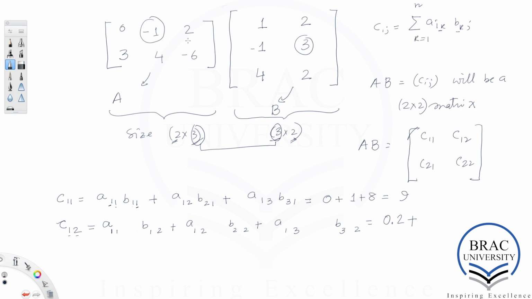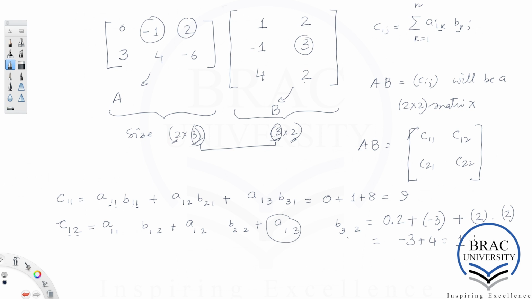When you multiply one with the other, you get minus 3. And finally you have A13, which is 2, and that gets multiplied with B32, which is 2, right? So the final result is minus 3 plus 4, which is 1, okay?